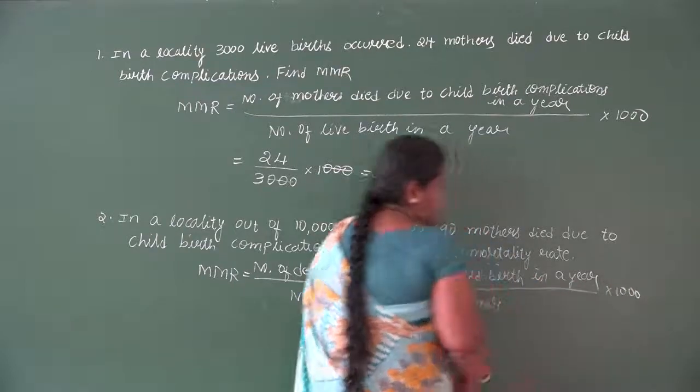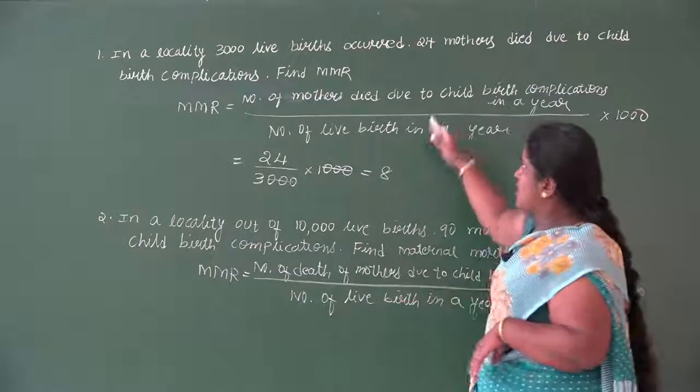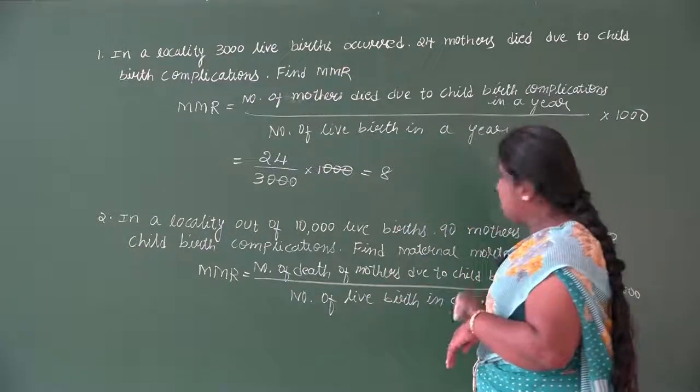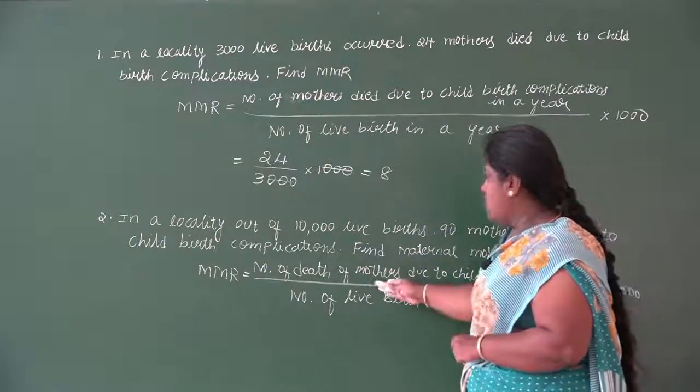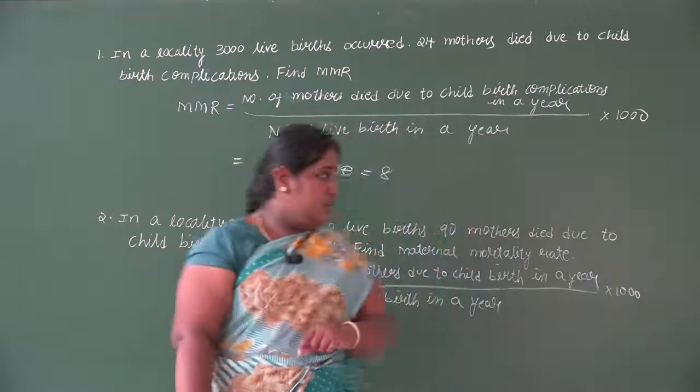You can see both formulas are the same thing, I have only changed a few words. Here I have written number of mothers died due to childbirth complication, and here number of deaths of mothers due to childbirth. Anything you can write.